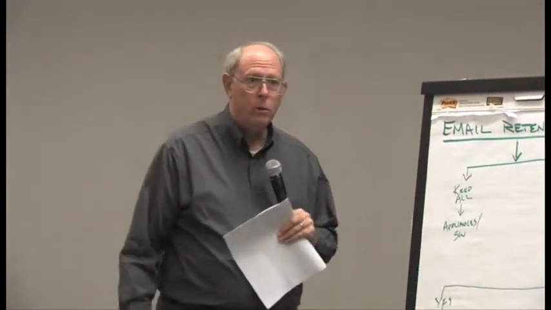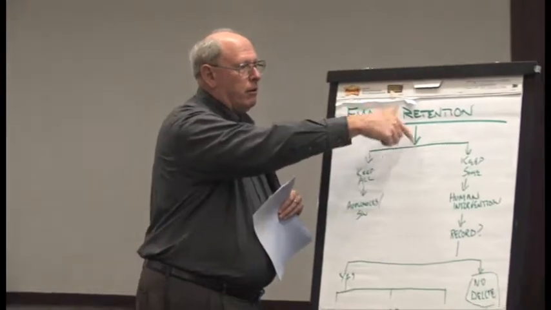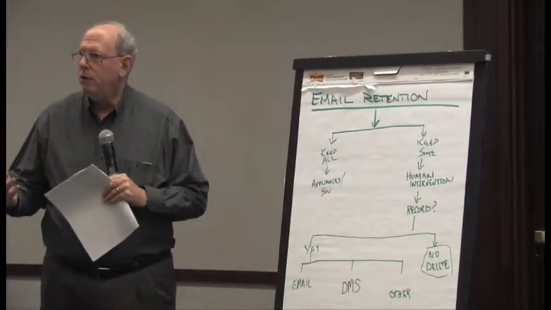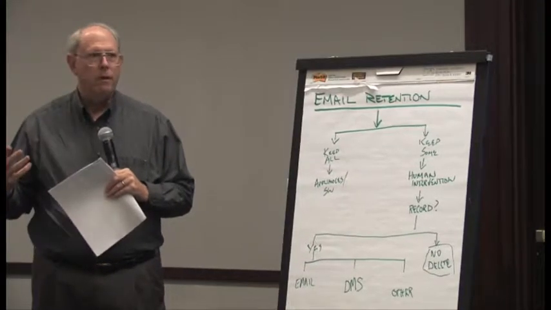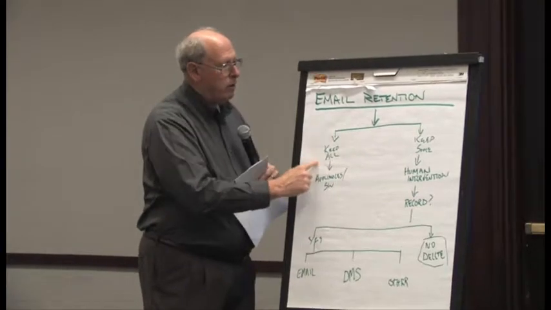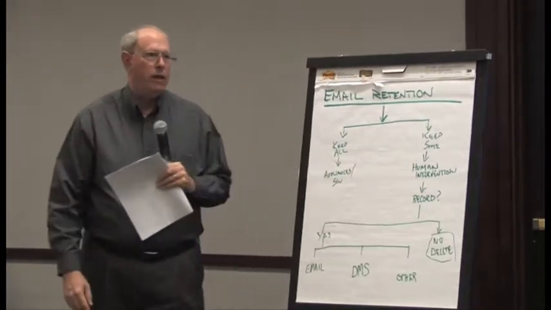Fairly straightforward. So what we looked at as a group, we said there's a couple of ways you can get there. Start with email coming into your mail system. There are really two ways that you can meet record retention compliance with email. One is a category that we labeled keep everything.